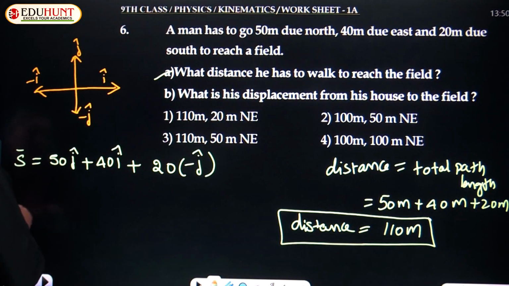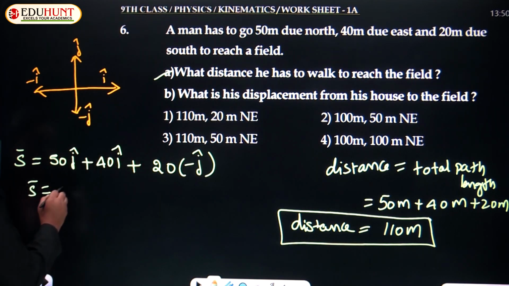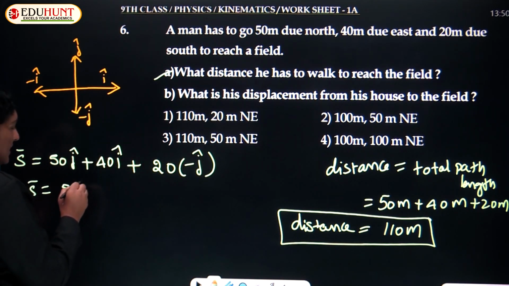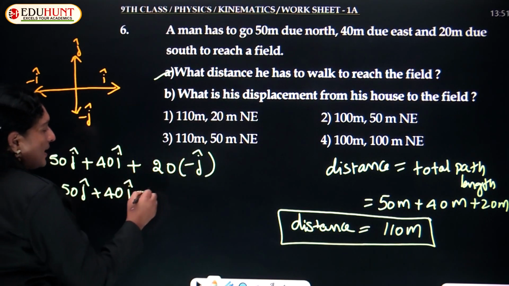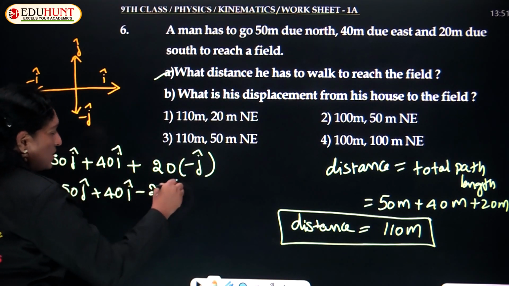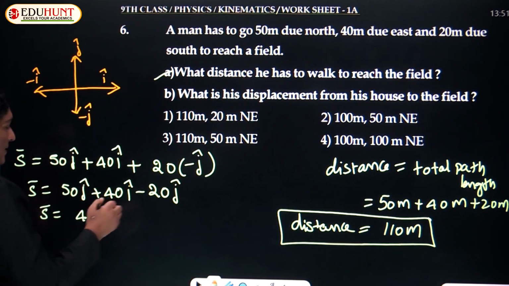So, moving to finding out the displacement vector, S bar is given as 50 j cap plus 40 i cap plus minus 20 j cap. The i cap is this. So, the displacement vector has 40 i cap.